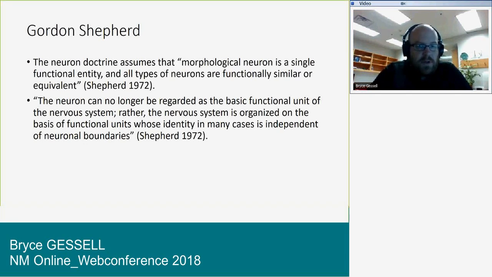Rather, the nervous system is organized on the basis of functional units whose identity in many cases is independent of neuronal boundaries. So Shepherd's push, now almost 50 years ago, opens up the notion of a functional unit beyond a single stereotyped pattern or single stereotyped structure. Since functions vary greatly, he says, quote, in order to identify these functions, we need to free the term functional unit from its association with the entire neuron, end quote.